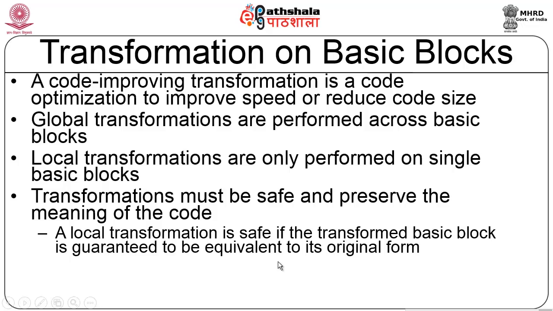Local is safe because you are computing whatever is happening within that block, and you rearrange your statements or do some manipulations that can be ensured to be semantically correct, rather than carrying out across basic blocks, which we will talk about with reference to optimization later. Your transformations can be either local or global. Local means within a basic block, global means across basic blocks in a particular control flow graph.